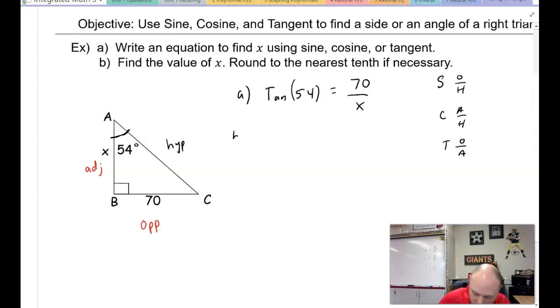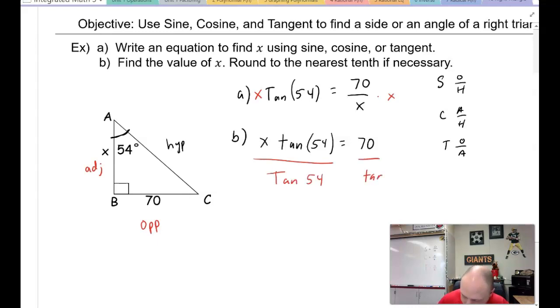Okay, B, now I need to go ahead and solve this. So I'm going to multiply both sides by x. And we have x times tangent of 54 is equal to 70. Well, x isn't by itself, so I now need to go ahead and undo multiplication. So I'm going to divide by tangent of 54. And so we get x is equal to 70 over tangent of 54.